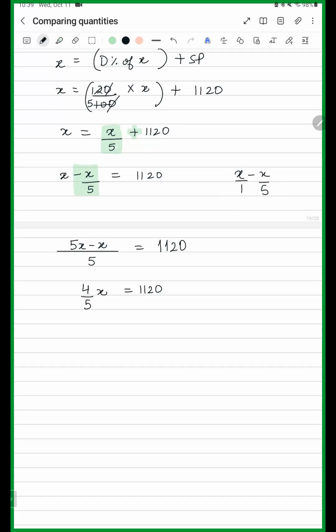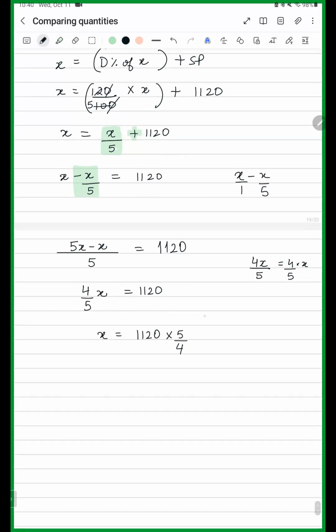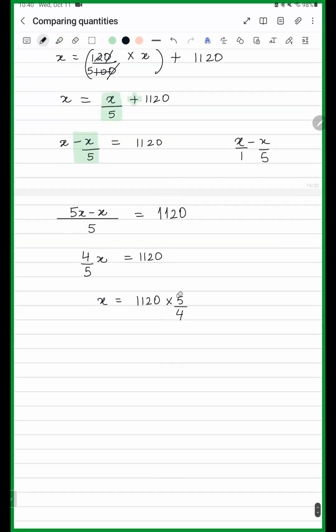When we bring it to the other side, it will be 5 by 4. Very good. Now you understood why we are taking the reciprocal over here and why we didn't take it in the earlier case? Because here 4 by 5 and x are being multiplied. That is why we will take the multiplicative inverse. Then just cancel down.